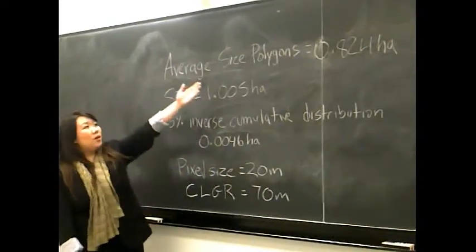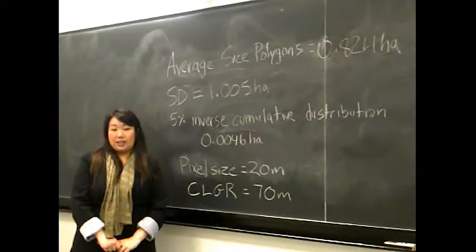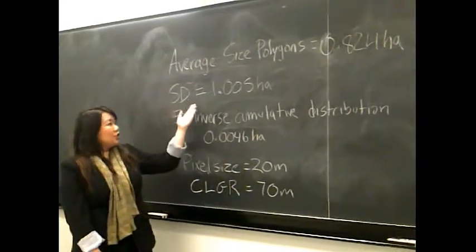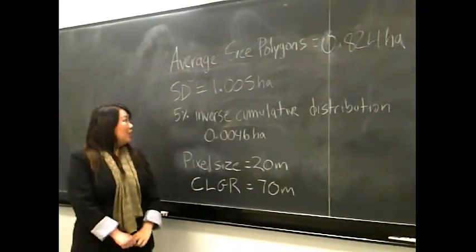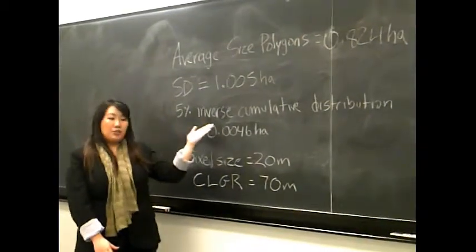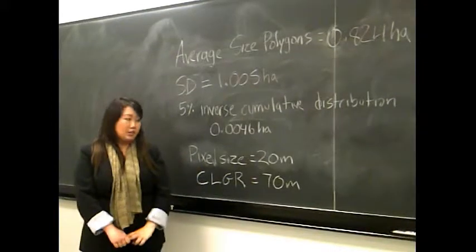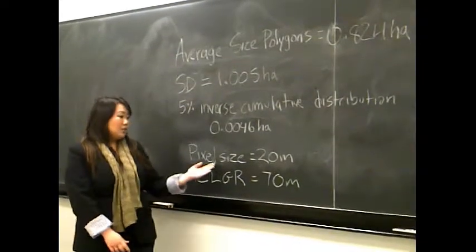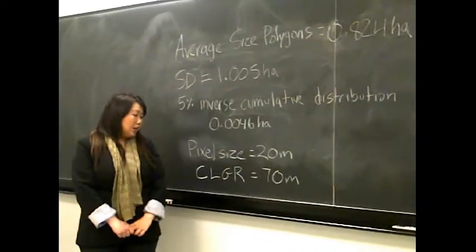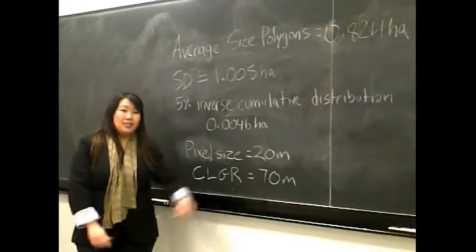So the average size of polygons is 0.824 hectares, and that has a standard deviation of 1.005 hectares. And when we apply the 5% inverse cumulative distribution, it results in 0.0046 hectare. And as a result, the pixel size would become 20 meters, and the coarsest legible grid resolution is 70 meters.